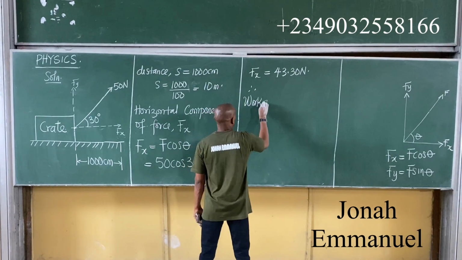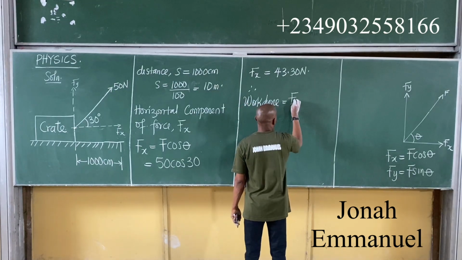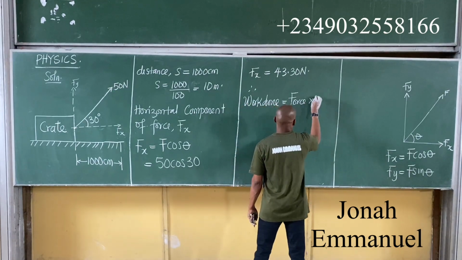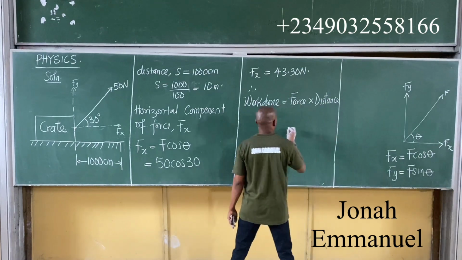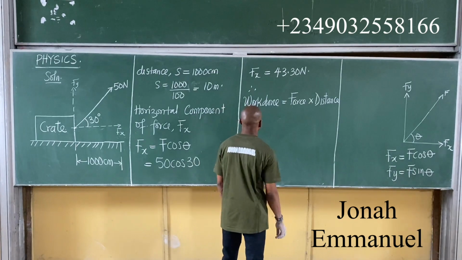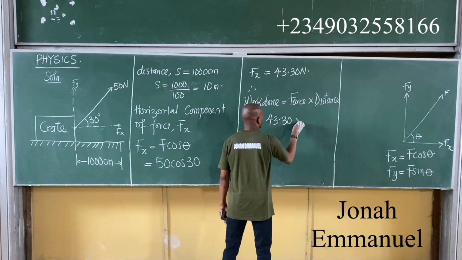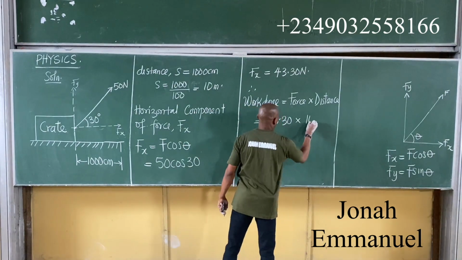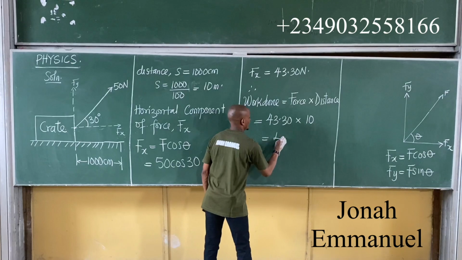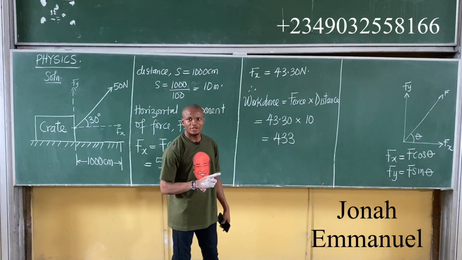Therefore, work done is equal to force times distance. The force is 43.30, times distance, which is 10. Multiply this, it gives you 433. Hold on, is it 433 or 430?